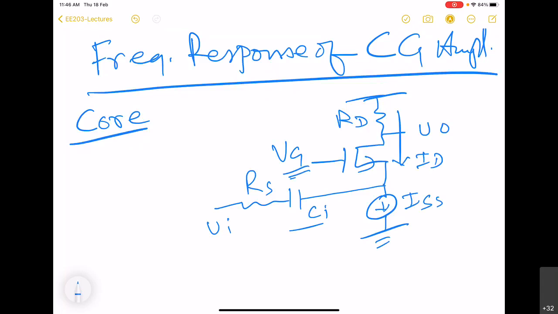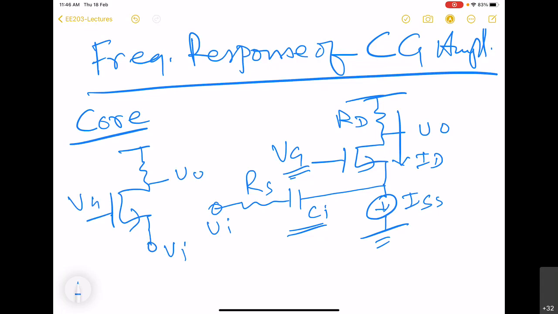Because here we have a capacitor, and typically we have been showing our common gate in this configuration. This is the simplest common gate circuit. But now you can see that in this case, your input source will continue to get DC current as well.